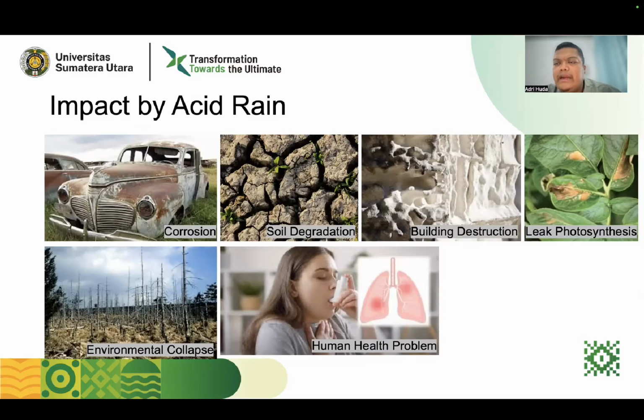As we can see, an area with very high pollution and very intense acid rain will get some destruction on the buildings. As we know, the building, the concrete and everything, has calcium in the concrete system, and when the acid rain showers the building, the acid solution will extract the calcium from the building and start to form calcium carbonate.